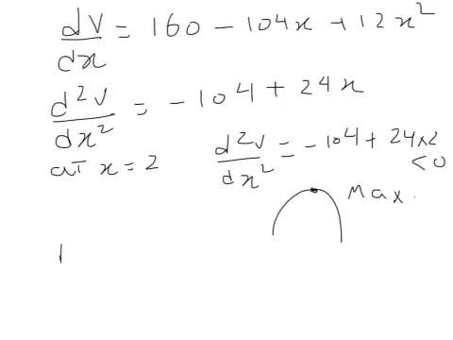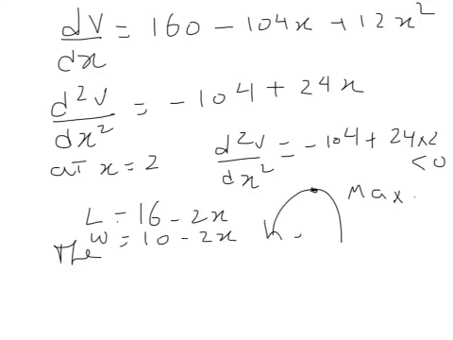Therefore, the dimensions of the volume that we are looking for will be, going back to substituting for length, it was 16 minus 2x, width was 10 minus 2x, and of course height was x.